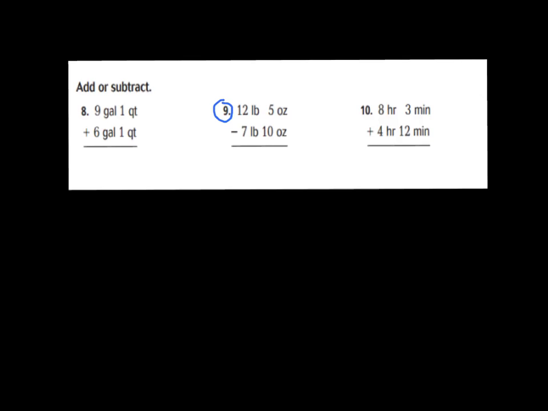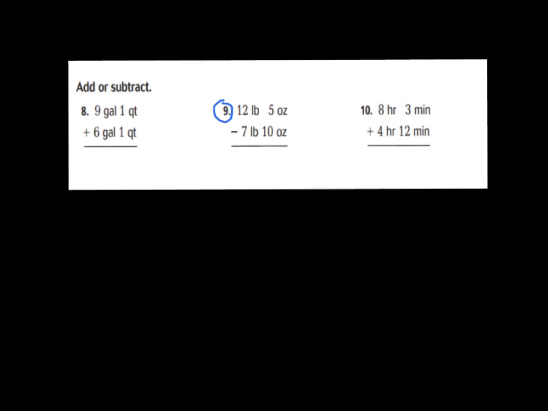I can do the hard way, and I can convert it all to ounces if I wanted to, but then that would be a lot of extra multiplication, and it could cause an error because you would have to multiply 12 times 16 to get that product of how many ounces, to find that ounces plus the 5 ounces, and then change 7 pounds into ounces as well, and then add that into the 10 ounces just to subtract it all in ounces. Now that's a lot of extra work.